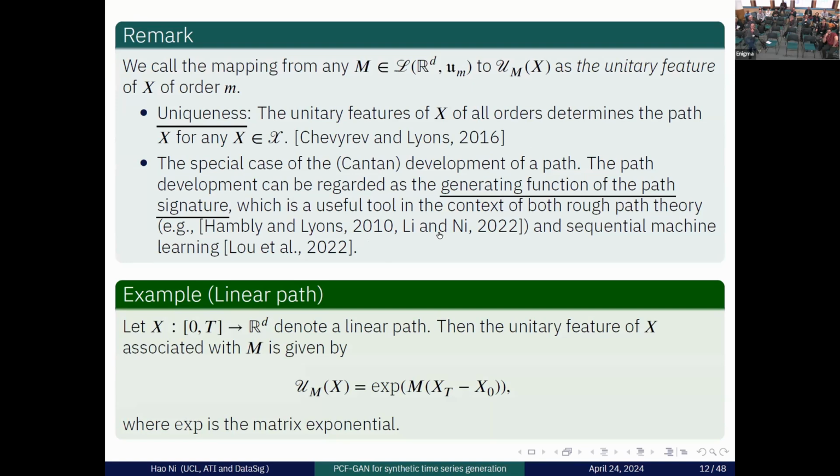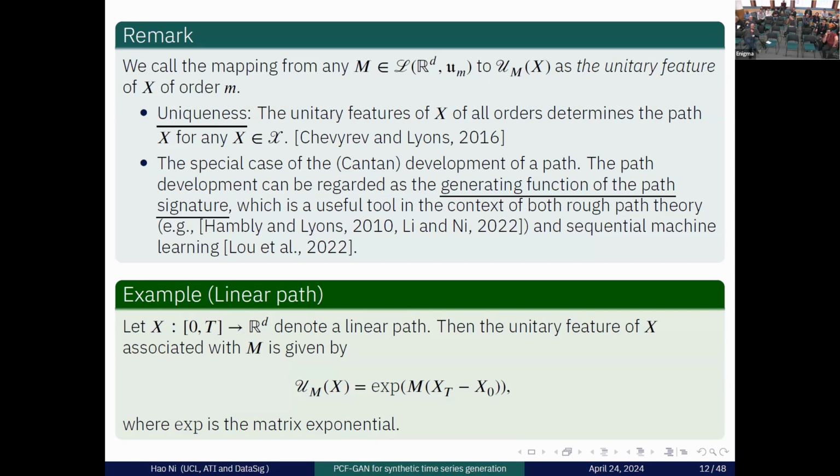This path development in the rough path literature is a useful mathematical tool to understand the properties of the signature and expected signature. And more recently, we use the path development layer as a new sequence to sequence layer for machine learning purposes. And it has a good analogy with the recurrent neural network and also the continuous time series model.